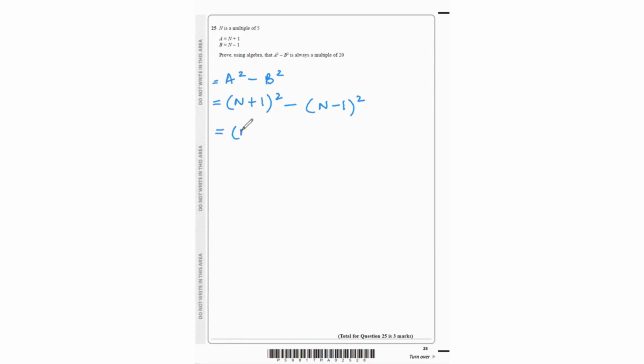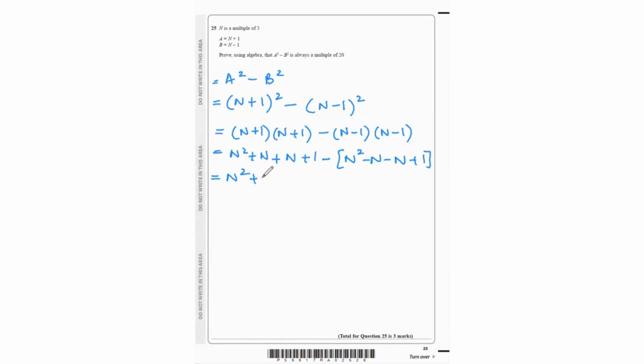Expand the bracket. N plus 1 times n plus 1 minus n minus 1 times n minus 1. That's n squared plus n plus n plus 1 minus n squared minus n minus n plus 1.